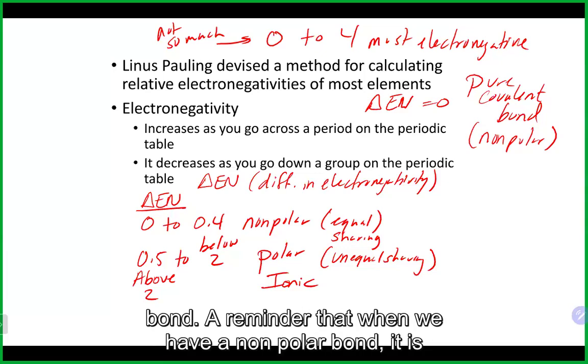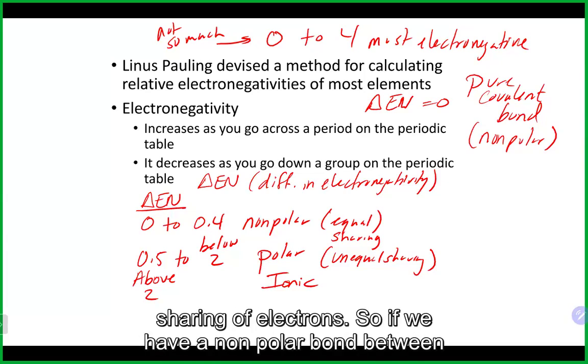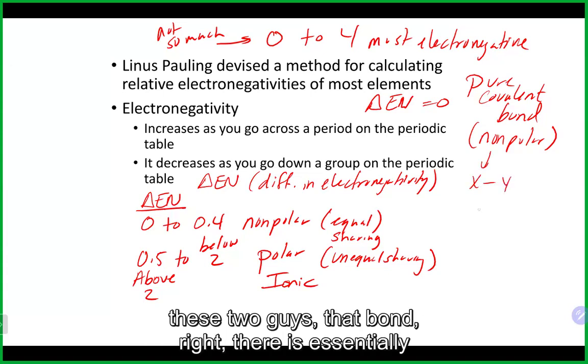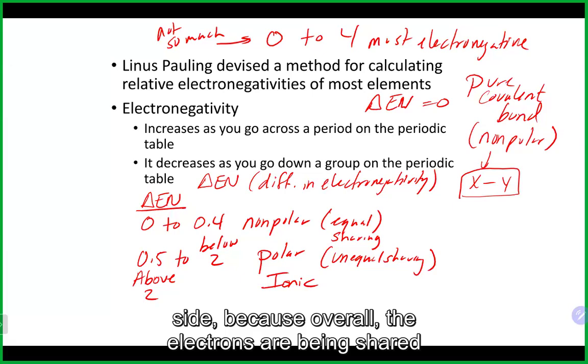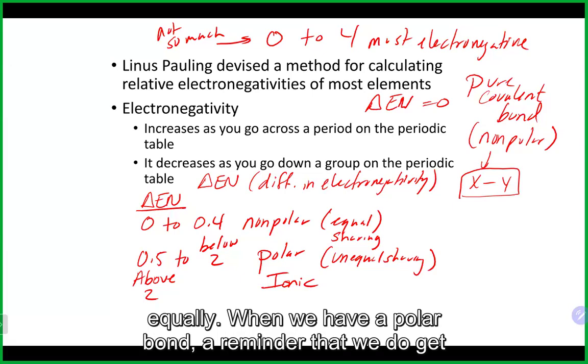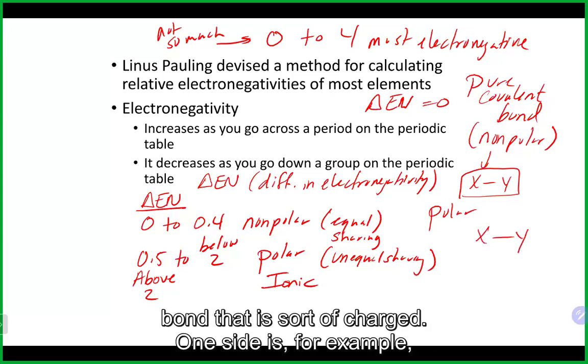A reminder that when we have a nonpolar bond, it is essentially a neutral bond, right? Because we've got equal sharing of electrons. So if we have a nonpolar bond between these two atoms, that bond is essentially going to be neutral. There's no positive side or negative side because overall the electrons are being shared equally. When we have a polar bond, we do get that unequal sharing of electrons, which creates a bond that is charged.